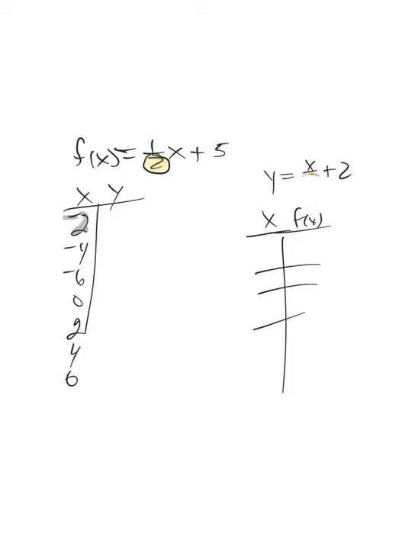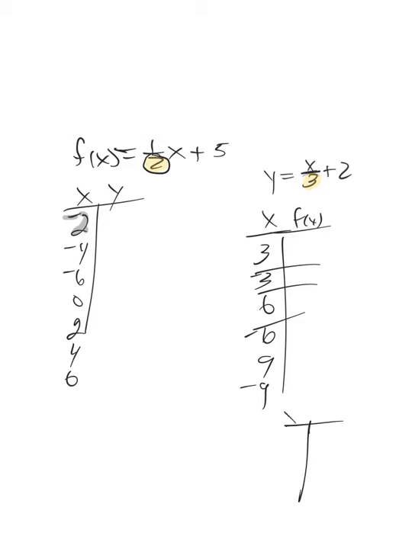So you have to think about numbers that 3 goes into nicely. So wouldn't that be like 3 and negative 3, or 6 and negative 6, or 9 and negative 9? Aren't those all numbers that 3 goes into evenly?